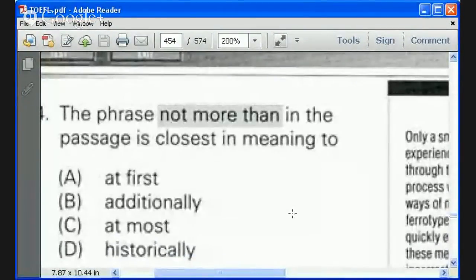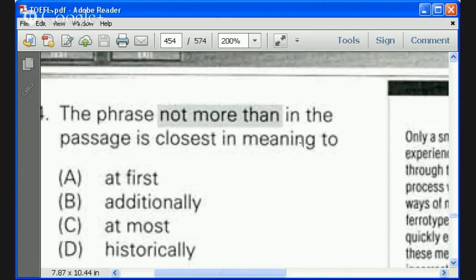It's going to be very, very tight to what the passage says. Please remember, in the TOEFL reading, the answer is in there, always. That's very important.